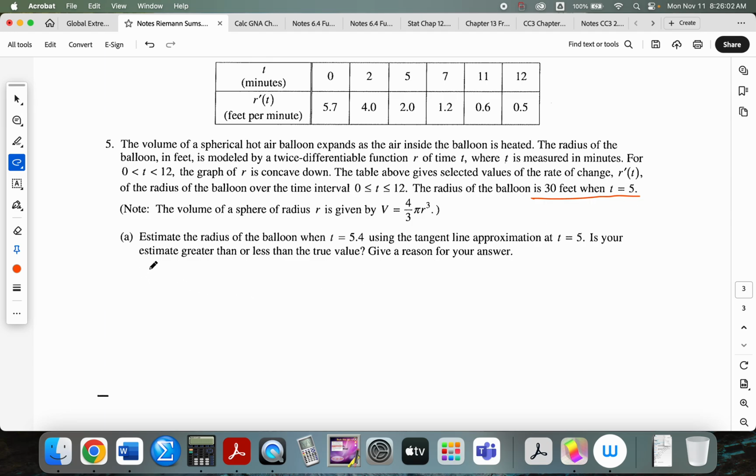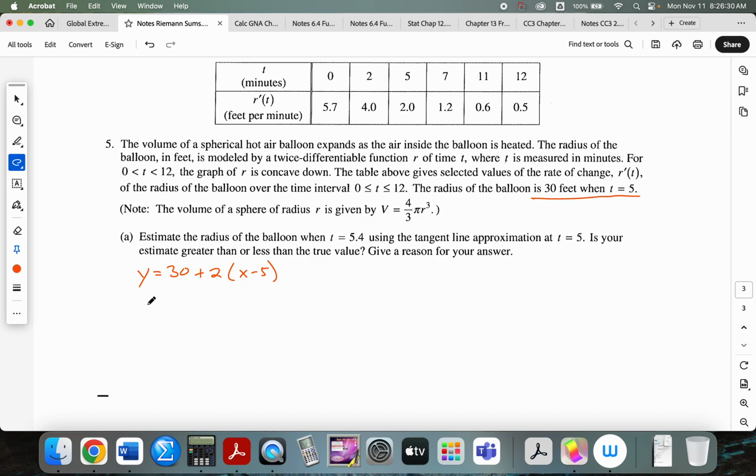So using a tangent line approximation, I'm going to say y is equal to 30 plus 2 times x minus 5. They gave us all the things that we needed. You just have to parse that they gave them all to you, because they gave you a lot of information on this.